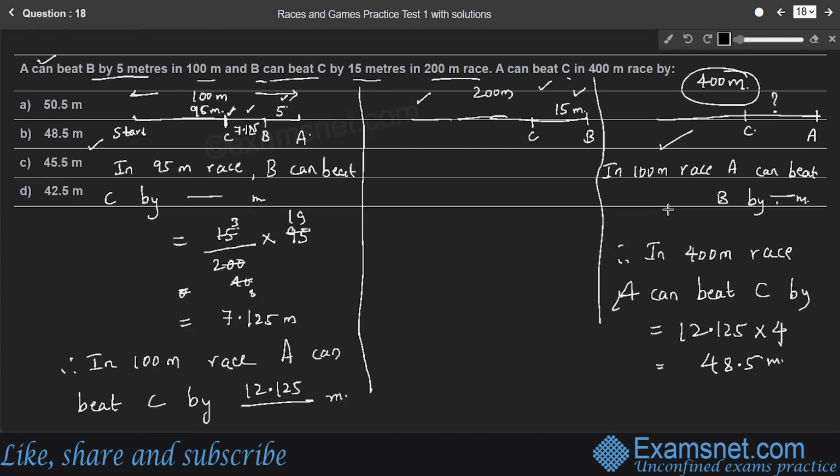So A can beat C by 48.5 meters in 400 meters. Therefore, option B is the right answer. Before going to the 400 meter race, first we need to consider the 100 meter race in which A can beat C by 12.125. Then in the 400 meter race, you multiply by 4 and get 48.5 as the final answer.